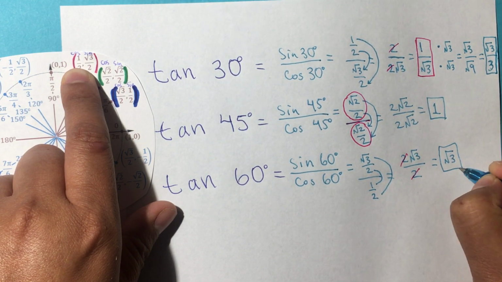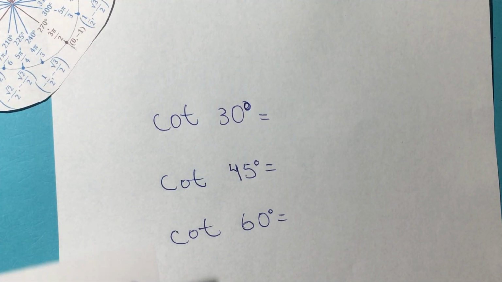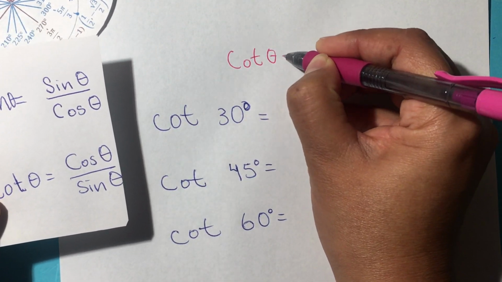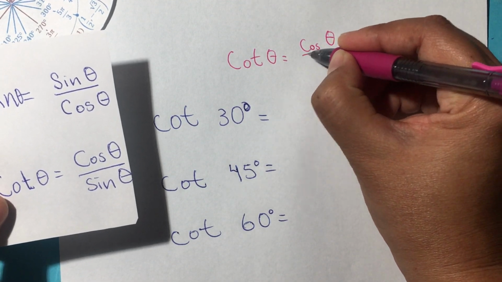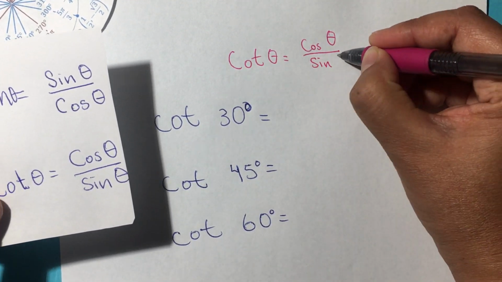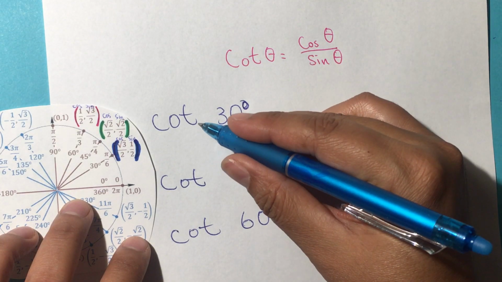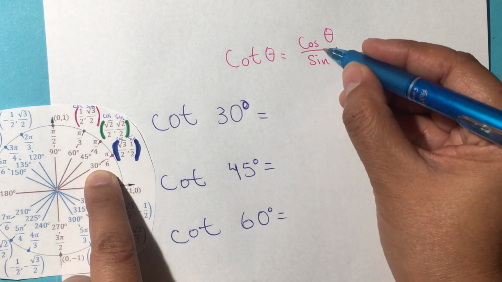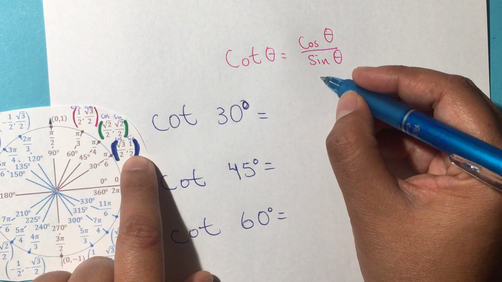So that's going to be, and I'll just write the formula in here. The cotangent of theta is equal to cosine of theta over sine of theta. And so for cotangent of 30, we go to the 30-degree angle and put cosine divided by sine.